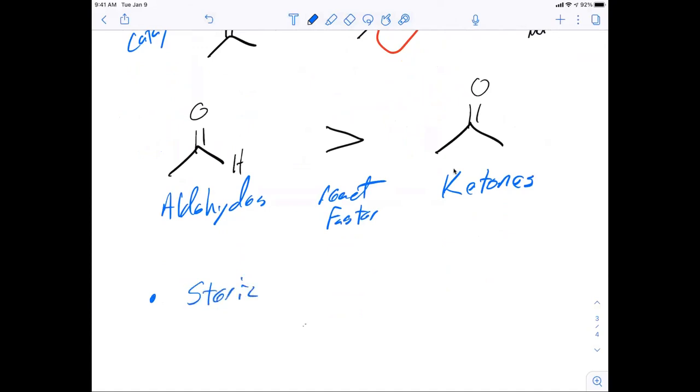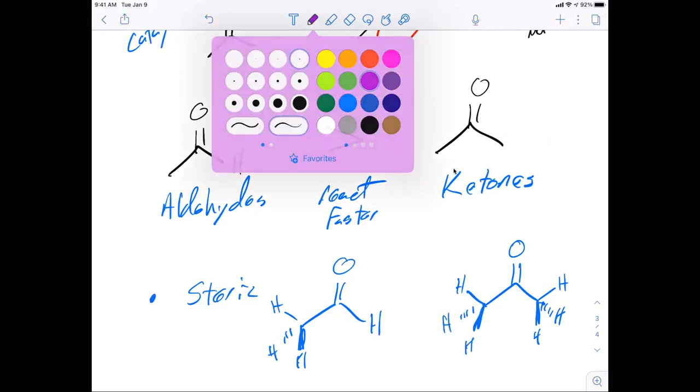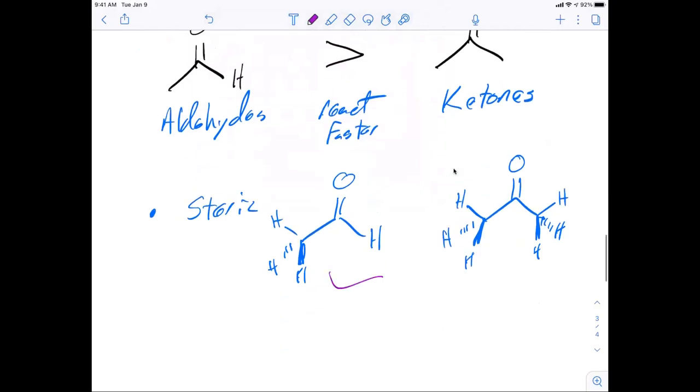If we look at this group with the hydrogen, and now I'm going to draw out my hydrogens here. So both of these you can see they're not that sterically different. But if we have two methyl groups, right, and those are freely rotating in normal temperature ranges, the aldehyde on this side is less sterically hindered.